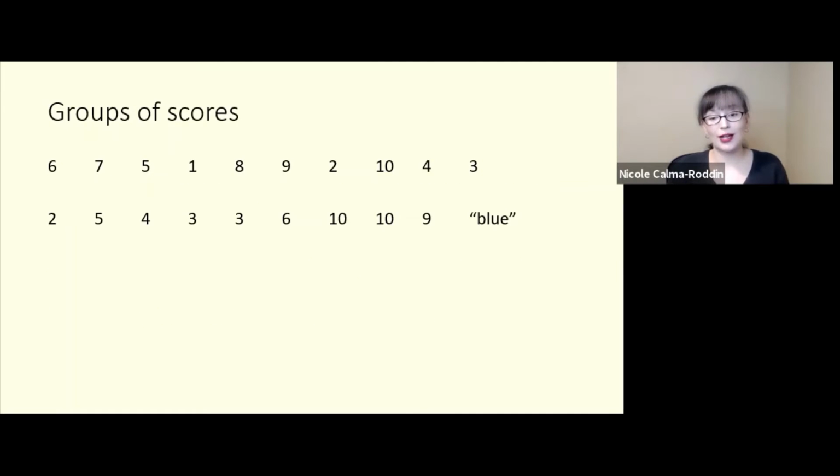So for instance, if I'm asking people to rate something, maybe rate how happy they are or the level of pain that they're experiencing, maybe we're using a scale of 1 to 10 or 0 to 10, we could look at these numbers here, and we see that these are all possible values except for this last one here. We see that's a color, that's not an answer to my question. Maybe someone here misheard me or misread the question or was answering a different question, but we know that that's not a possible value on this scale of 1 to 10.